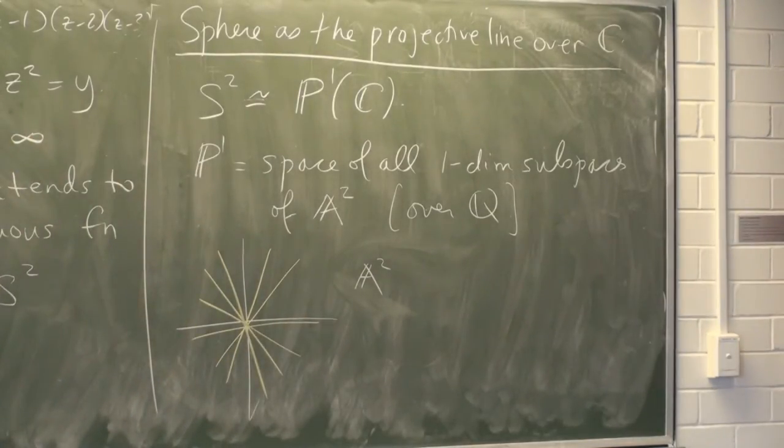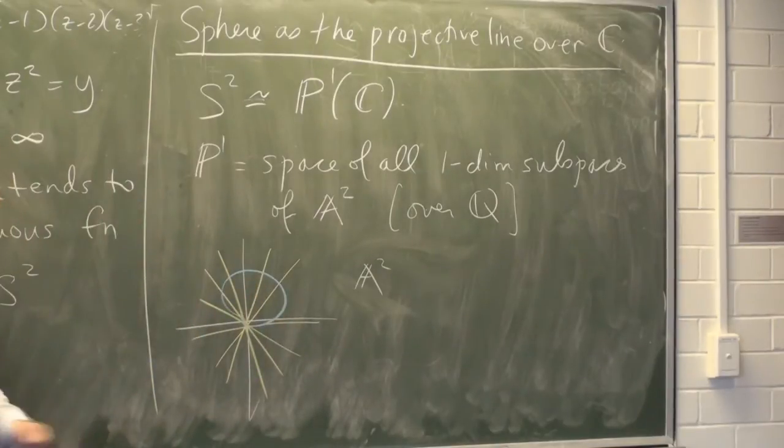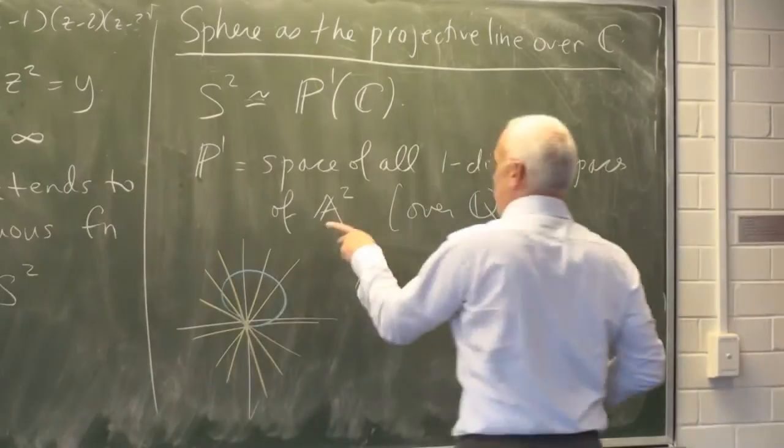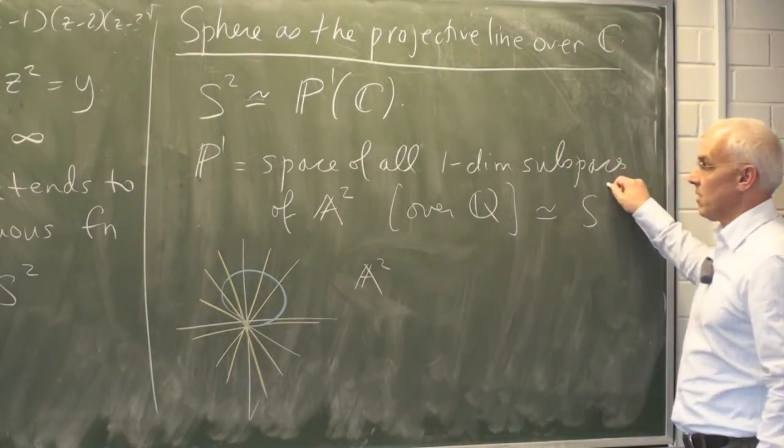And then you may remember that we decided that the space of all lines was topologically a circle. Remember that? We said, oh, we could put a circle in just like that, and that labeled all the lines through the origin. So P1, the space of all one-dimensional subspaces of A2 over Q, was really the same as a circle.